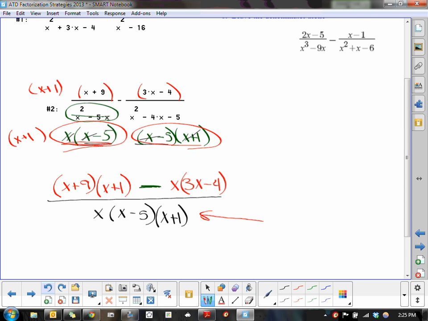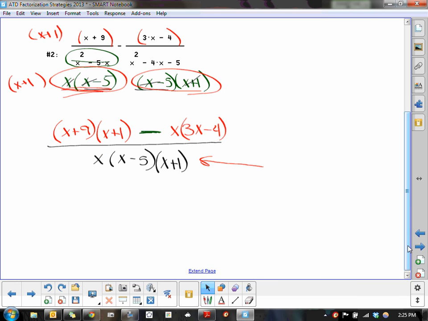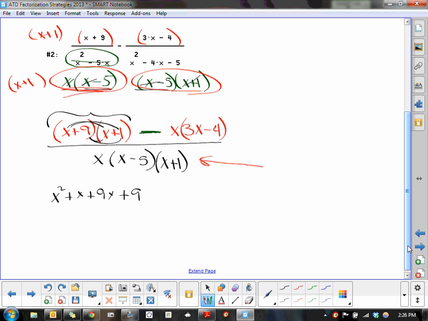Cody, you with us? All right, what's the next thing that we're going to do with these two? You just distribute. Okay, so what do you get when you distribute? X squared, then x. All right.